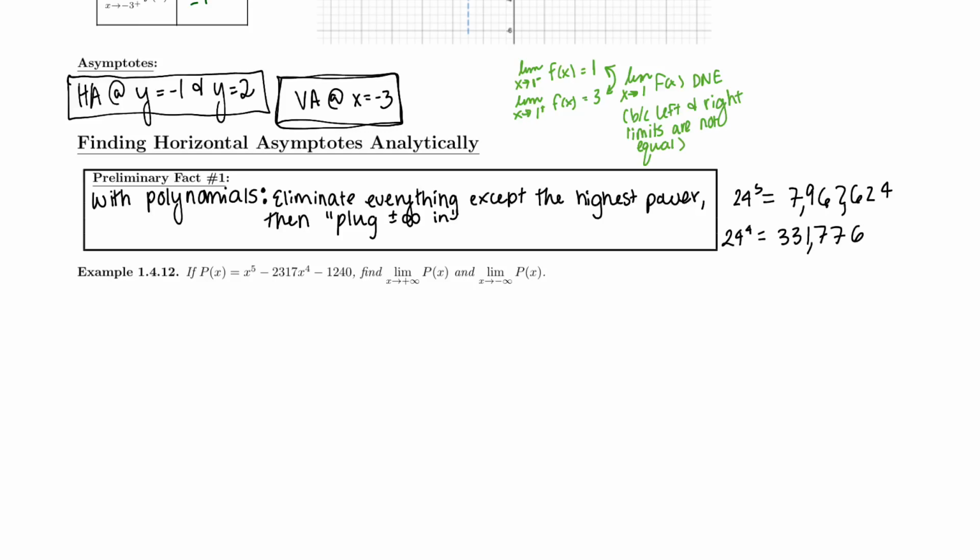If you're taking a limit as x goes to positive or negative infinity, you're going to get the answer positive or negative infinity.